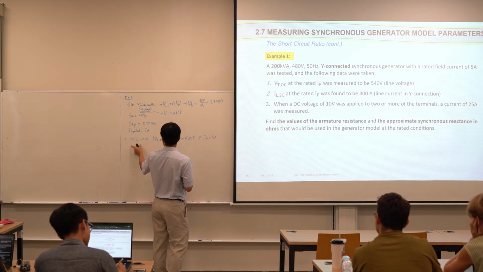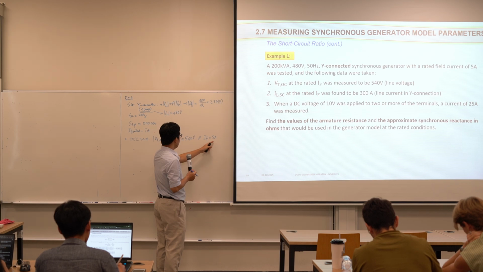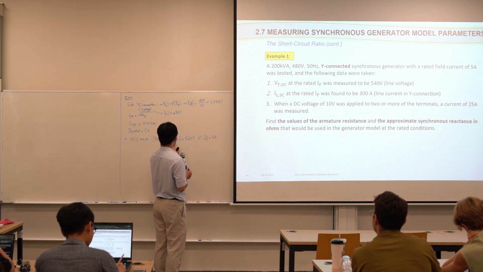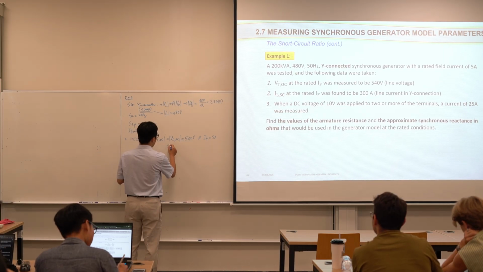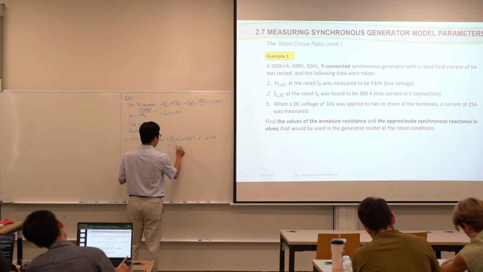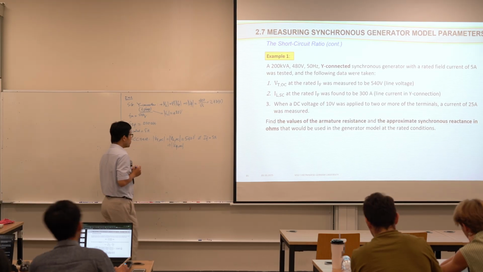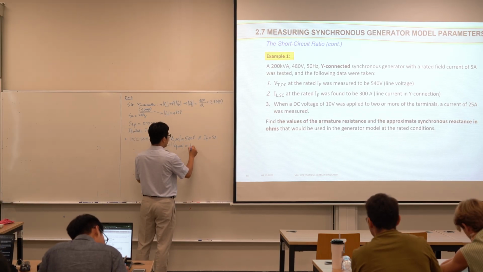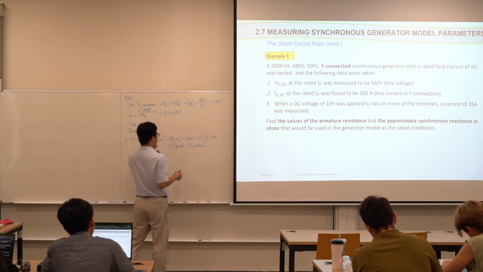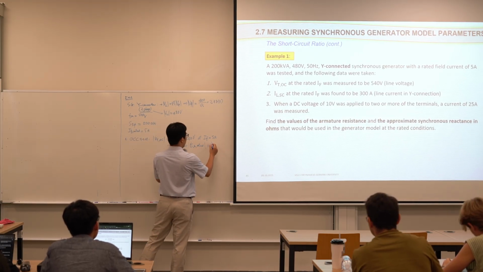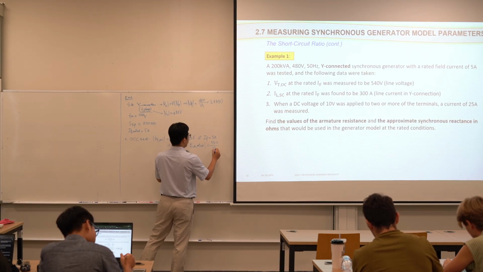So when we do the open circuit test with IF at 5 ampere, you get open circuit voltage of 540 volt. After that, you can get V phase open circuit, which is EA rated. So this one we have 540 divided by root of 3.